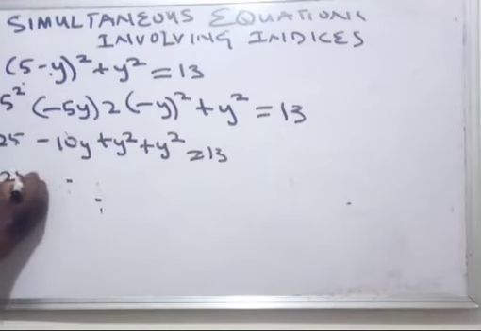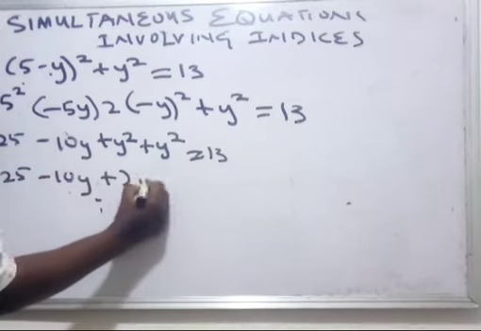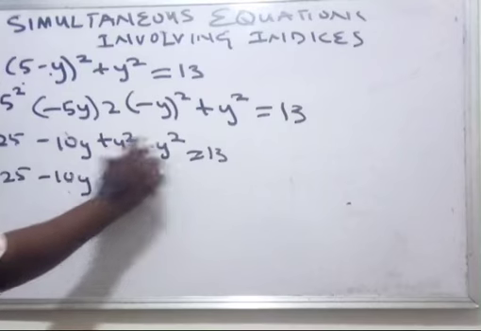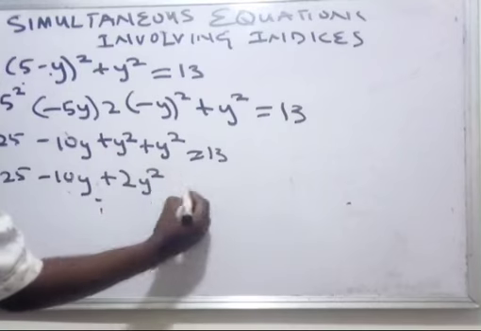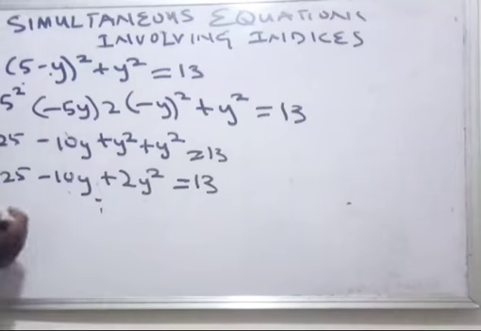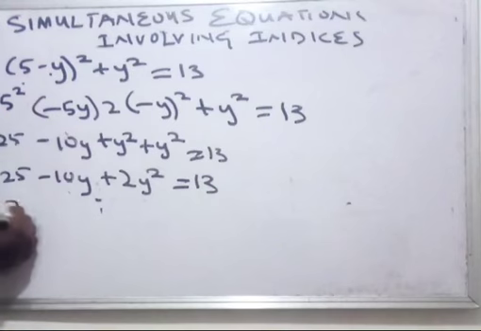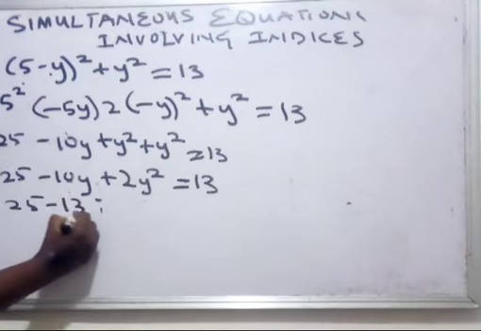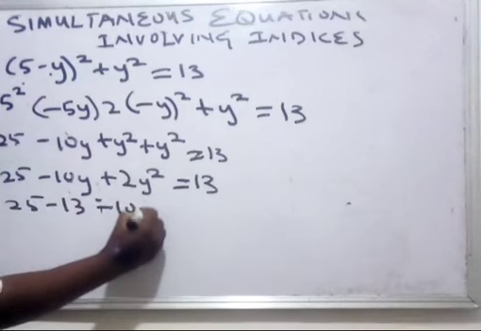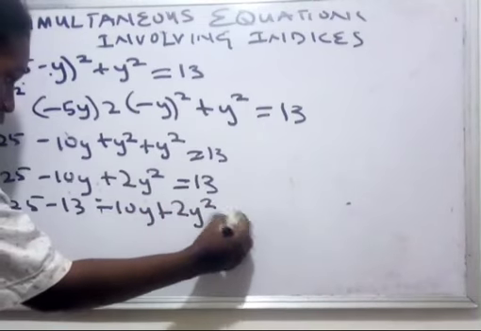So 25 minus 10y plus 2y squared, which is 1y squared plus 1y squared gives us 2y squared, is equal to 13. To make this a regular quadratic equation, this 13 comes here so that we can have 0 here. So it becomes 25 minus 13 minus 10y plus 2y squared equals 0.